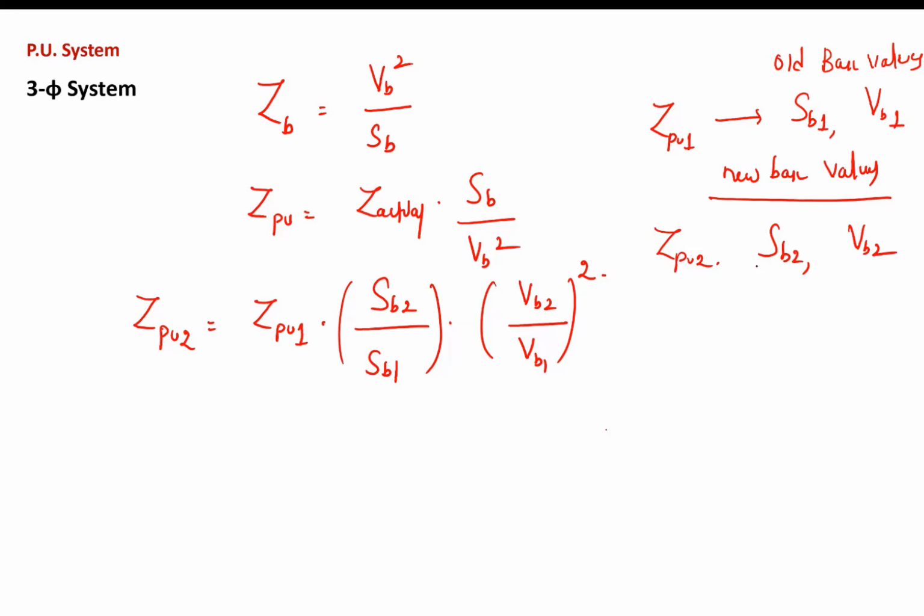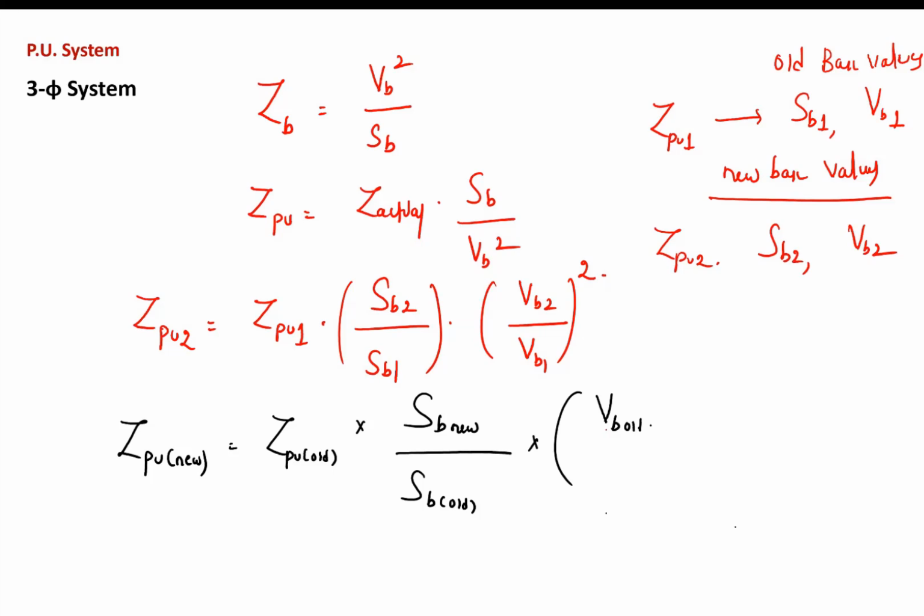Some textbooks will write the same formula as Z per unit new is equal to Z per unit old into new base MVA by old base MVA into old base kV by new base kV whole square.